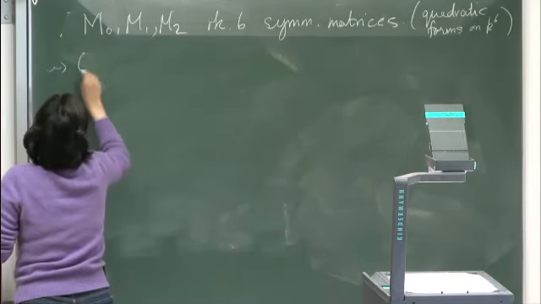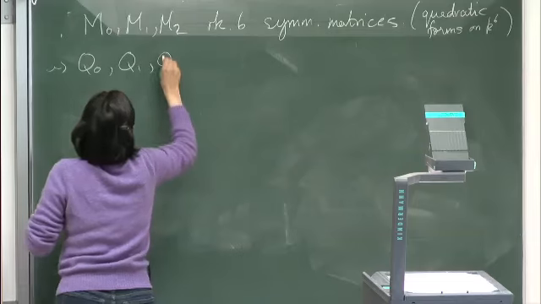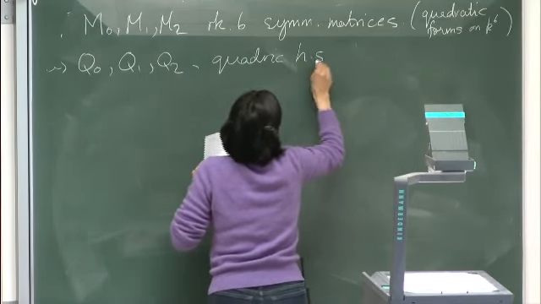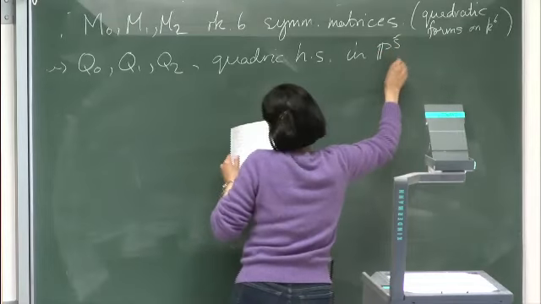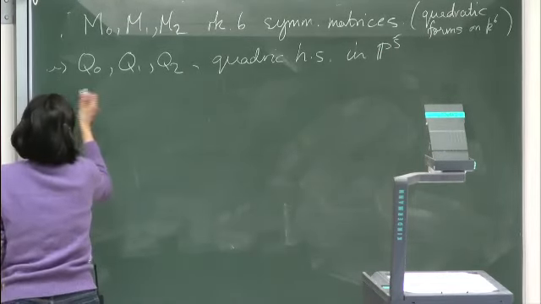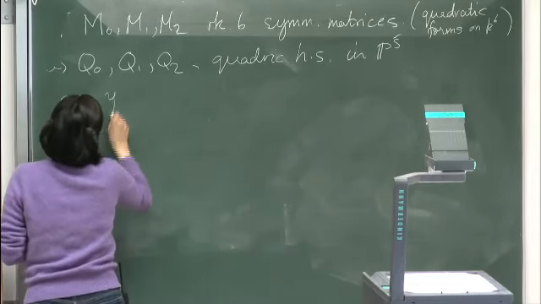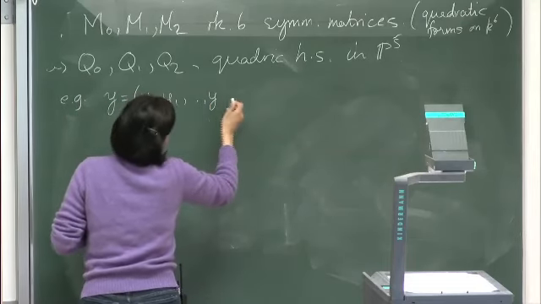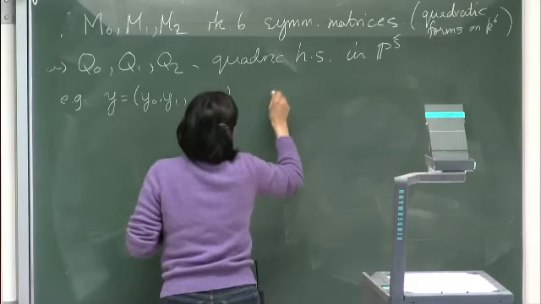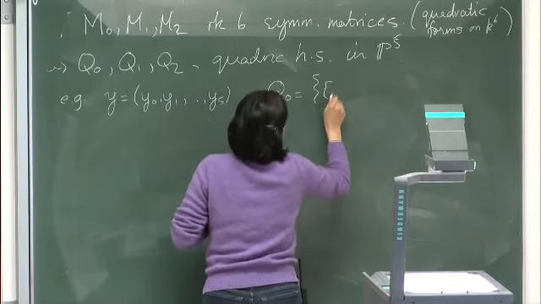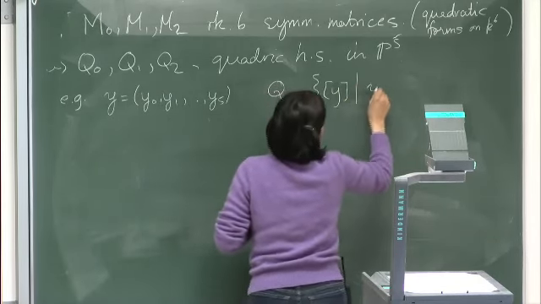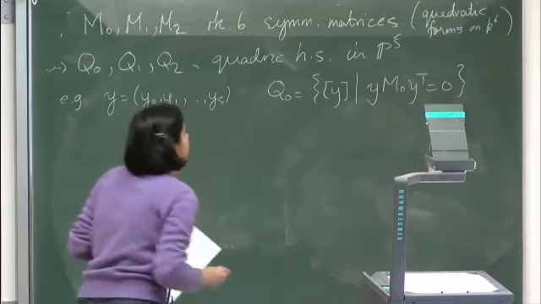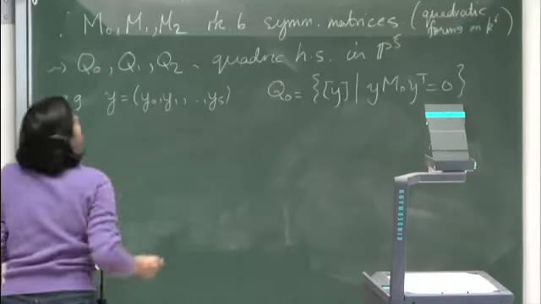You take the associated quadric hypersurfaces in P5. So, for example, just to set up the notation, say you have this matrix M0 in K^6, then the quadric Q0 is the set of all y such that y M0 y transpose equals 0. So that's what I mean by the quadric hypersurface defined by this.